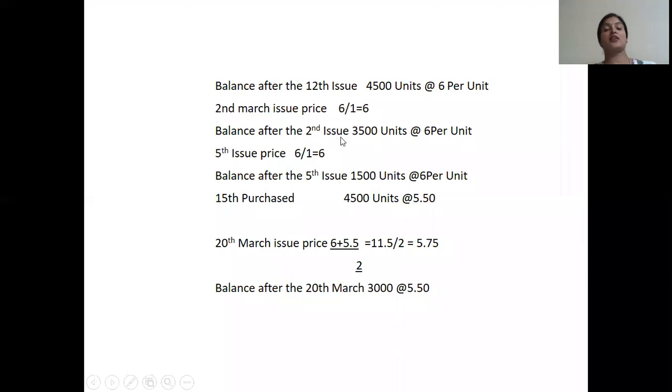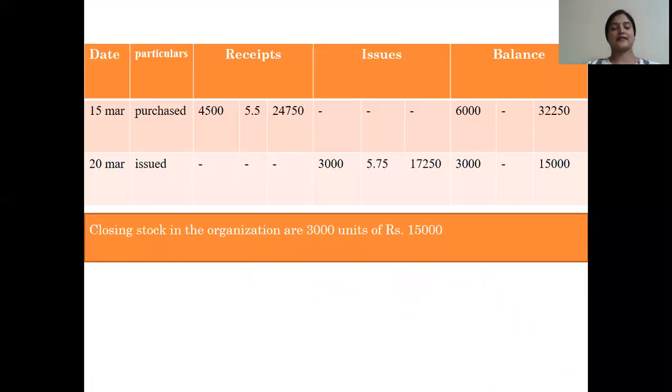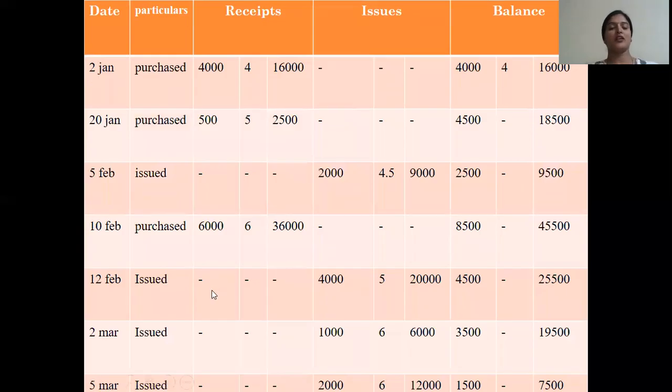Balance after the second issue, how many units were there? 3,500 units at only 6 per unit. Only one lot is available. So for the 5th issue price, 6 divided by 1 is equal to 6. That is, on 5th you have got the cost per unit as 6. So 3,500 minus 2,000, you will get 1,500, amounting to 7,500.